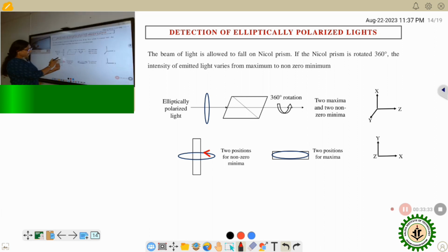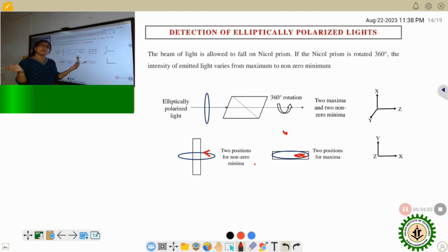So when the axis is parallel to the semi-major axis, we get the maximum intensity, and as you go on rotating the crystal, the intensity decreases, and when the axis of the crystal is parallel to the semi-minor axis, we get minimum intensity.